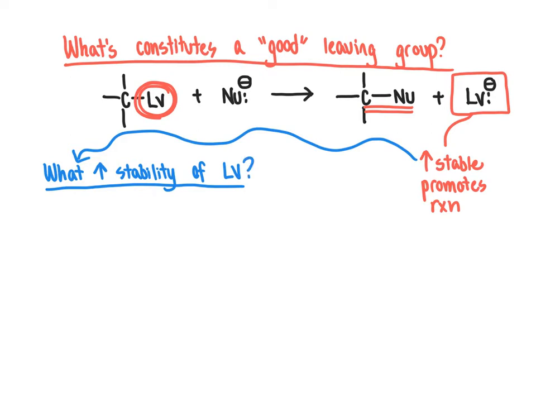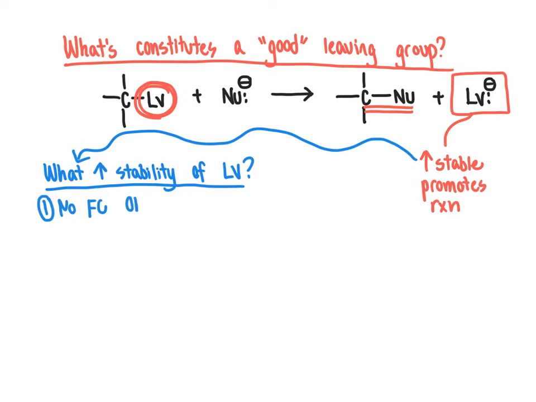All right, so the factors that are going to increase the stability of that leaving group look really similar to what stabilizes our conjugate bases or bases. What stabilizes a base or a conjugate base, to make it less reactive and more favorable, is first off either having no formal charge, which is the best case scenario, because a molecule with no formal charge is generally more stable than one with a formal charge.